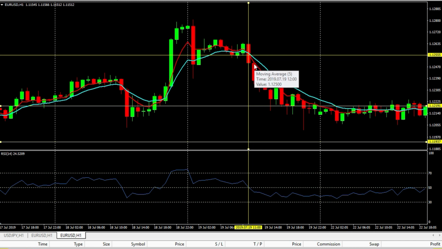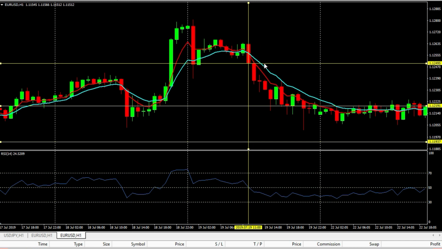So we're going to take the entry at the open of the new candle, which is this candle, at 1.12495, and the stop loss is going to be 5 pips above the most recent high.